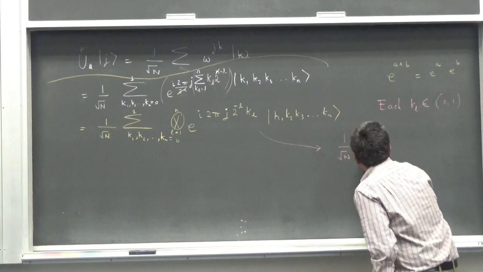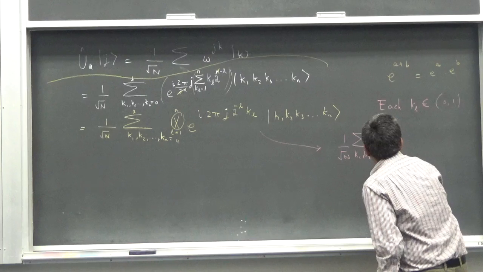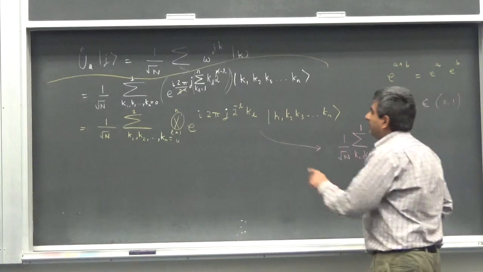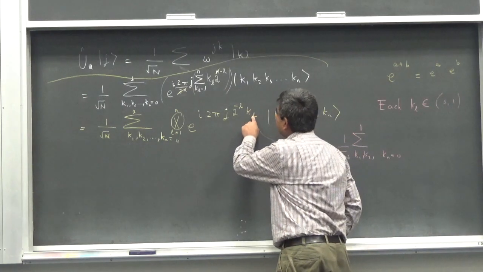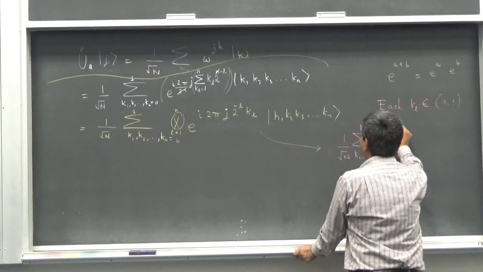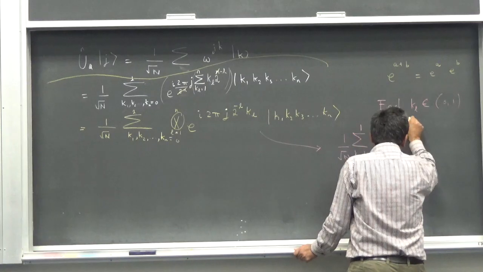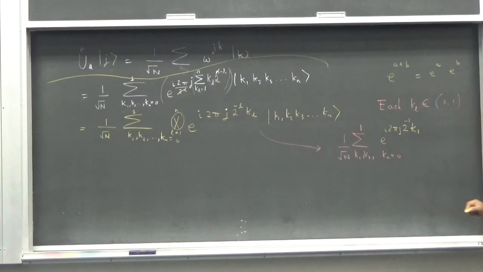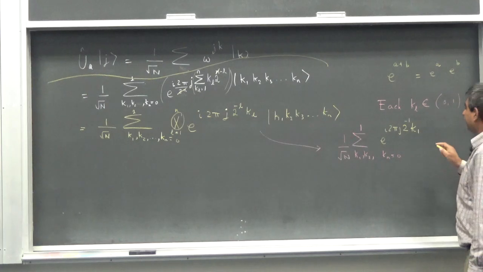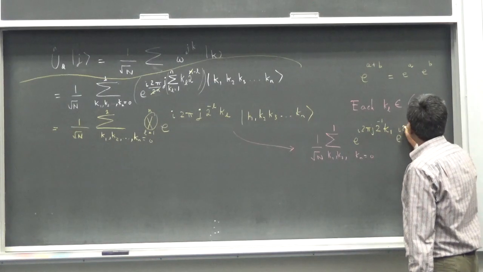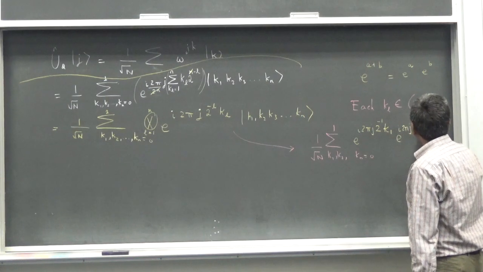Each one of these k's could be 0 or 1, and I have my first k sub 1, right? So I could write e^(i 2 pi j 2^(-1) k sub 1). Now I multiply this with e^(i 2 pi j 2^(-2) k sub 2).